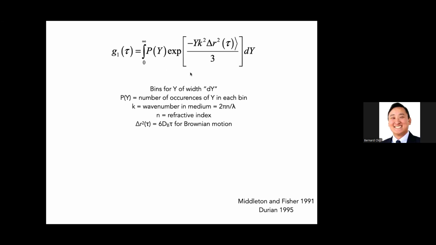You just tally up the number of times the momentum transfer falls in each bin, and you can then get your G1 from that without any other assumptions, such as it being exponential. It's going to be some distribution that's based off of what we get from the model.